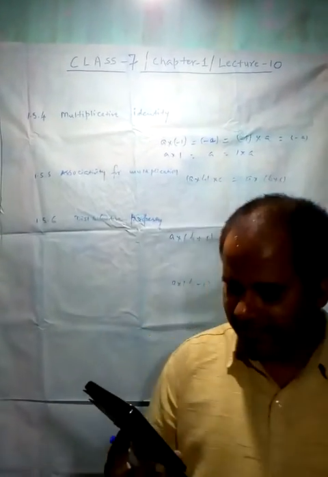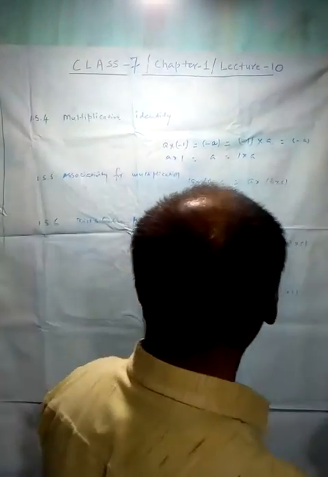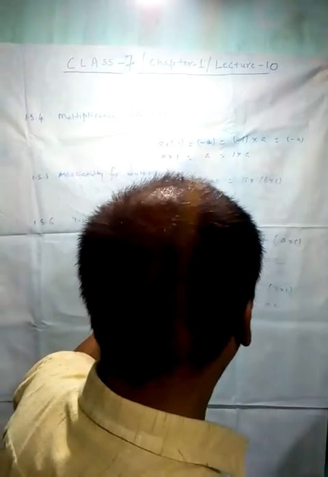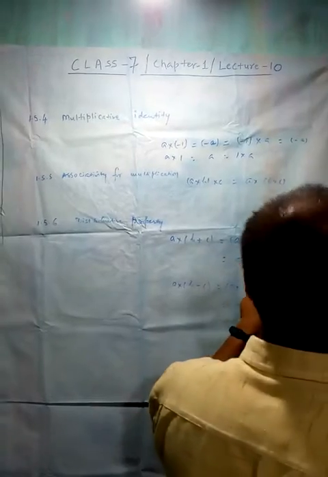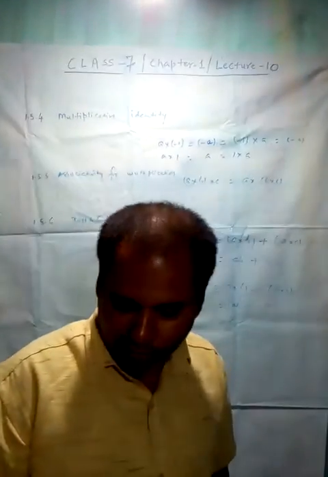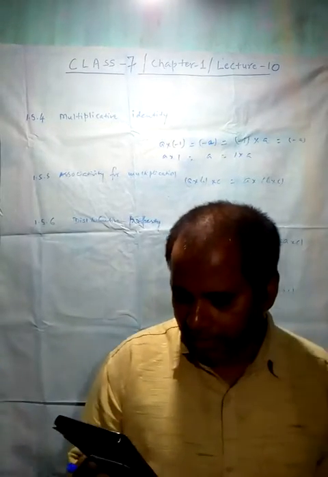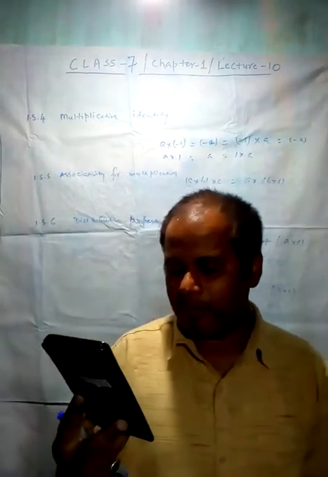Yes. In general, for any integers a, b and c, a into the bracket b plus c is equal to a into b plus a into c, that is ab plus ac. Take at least 5 different values for each of a, b and c and verify the above distributive property.